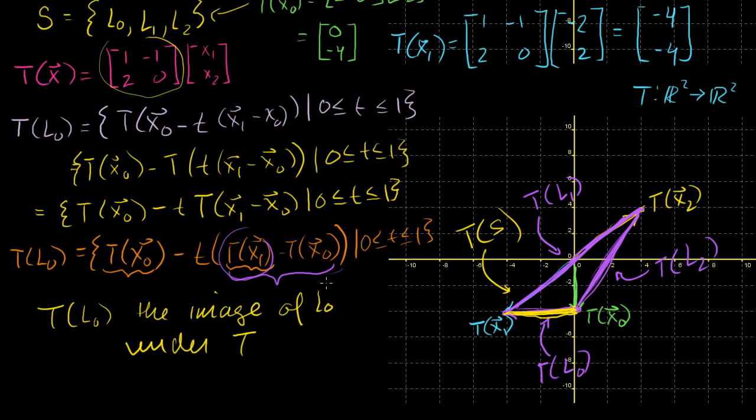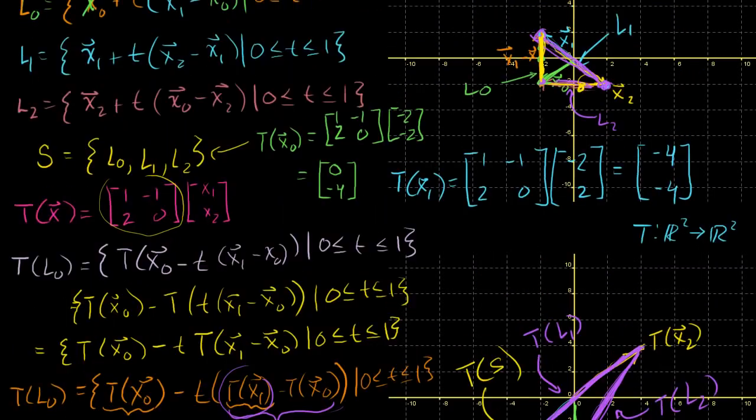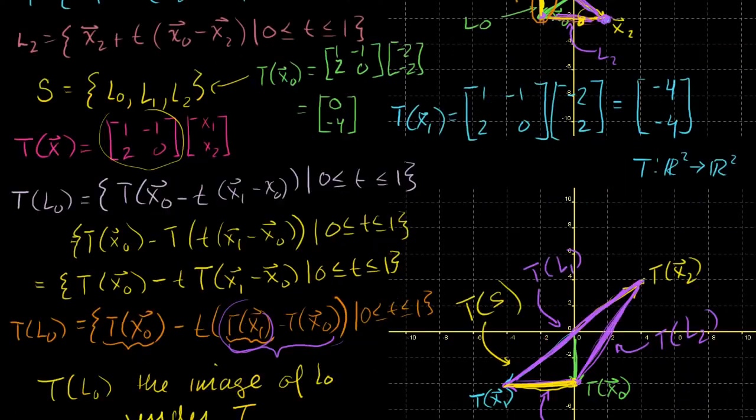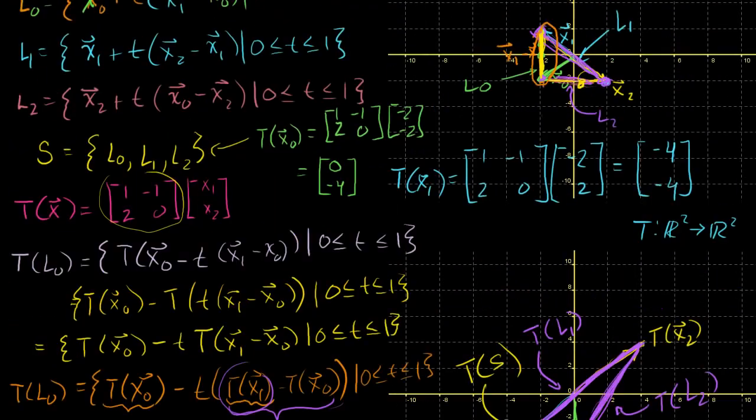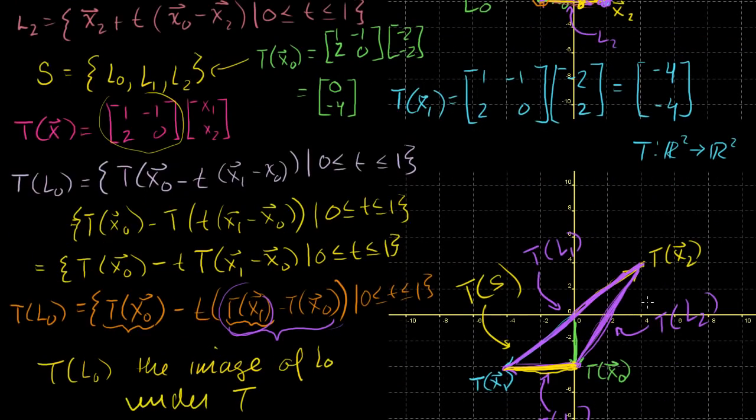Why do they call it the image? Because T is taking this thing right here, this L naught, and distorting it or creating a new image of it in the codomain. It's taking a set in the domain and creating a new image of it in the codomain right there.